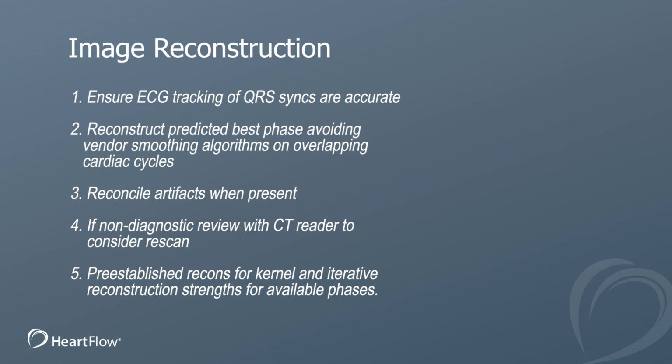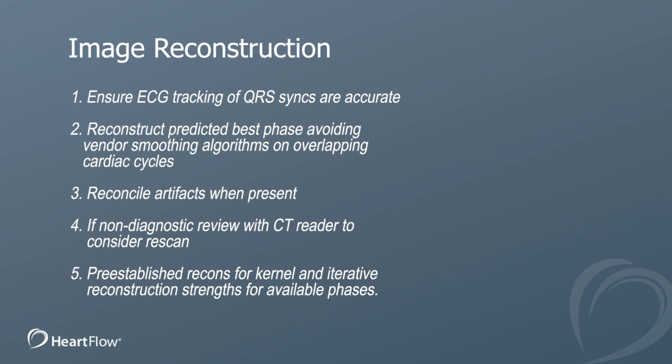We want to reconcile artifacts when present, and if we can't reconcile the artifact and the scan appears non-diagnostic, the technologist should review this image with the CT reader and consider rescanning when appropriate. We also have pre-established reconstructions and kernels and iterative reconstruction strengths that we can use depending on patient conditions.